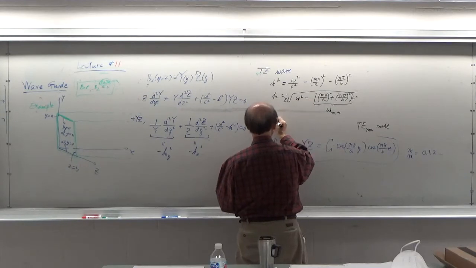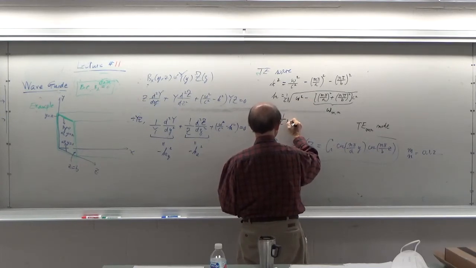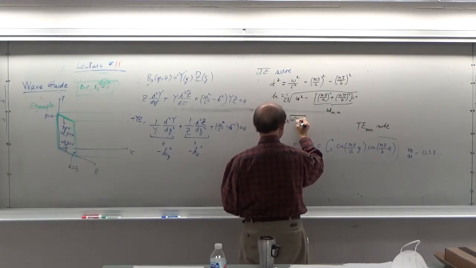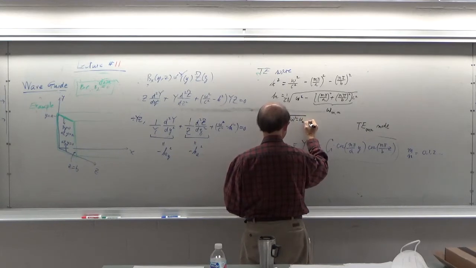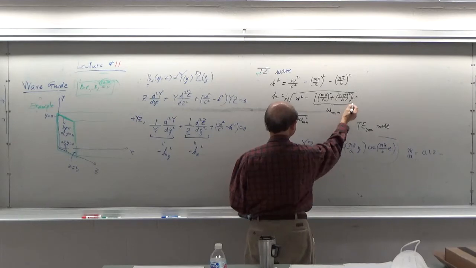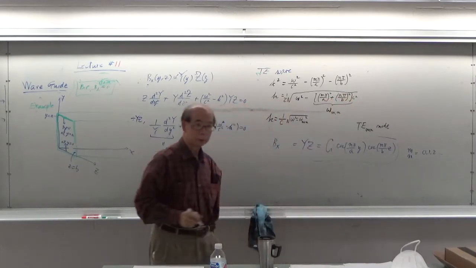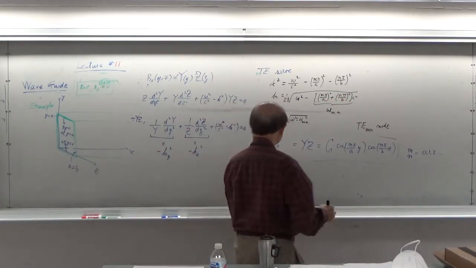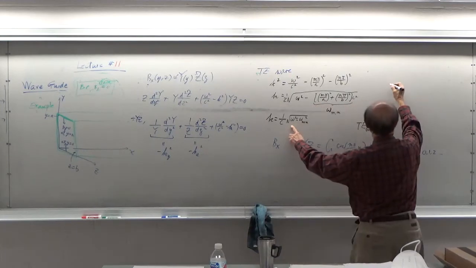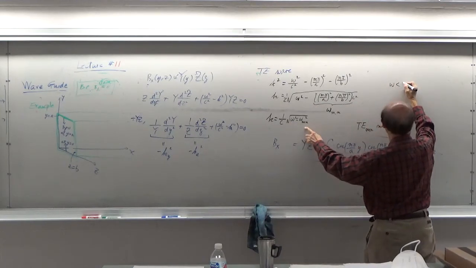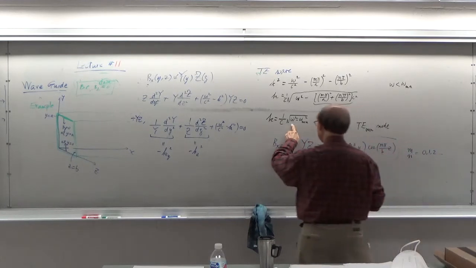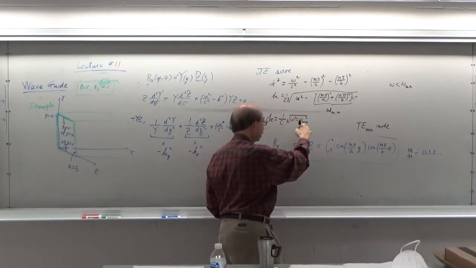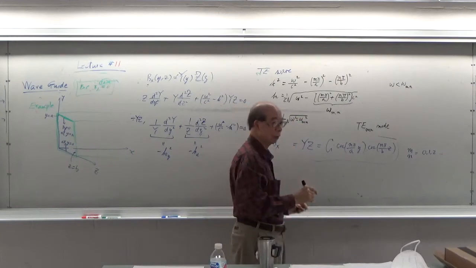So that k is equal to 1 over c times the square root of omega squared minus omega sub mn squared, where omega mn is given by this. Obviously, for omega less than this omega mn, this will be negative inside the square root.